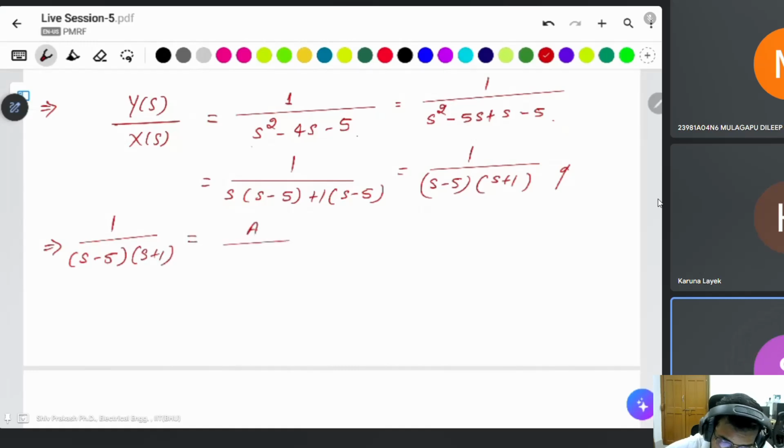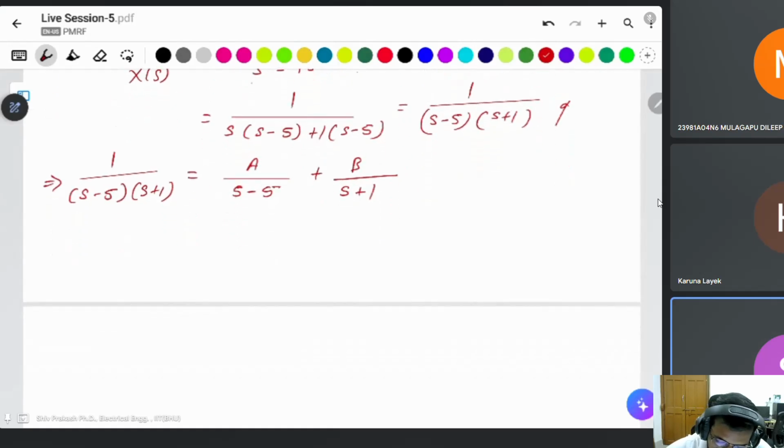Simply take a over s plus 5 plus b over s plus 1. Sorry, this is not plus, this will be minus 1. Okay, same thing, take the LCM of this one.